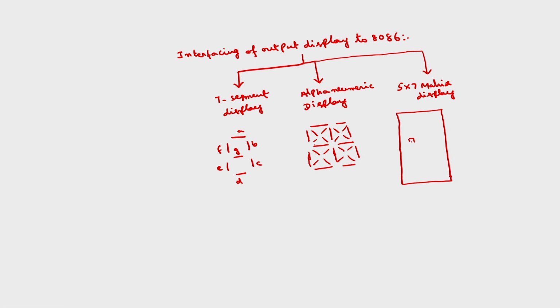So, 5 by 7 means 5 in a row, and 7 such rows. By appropriately selecting the segments, we can display any alphabets on this display.